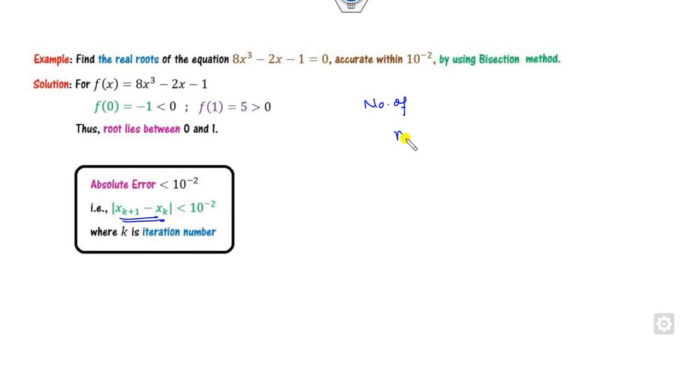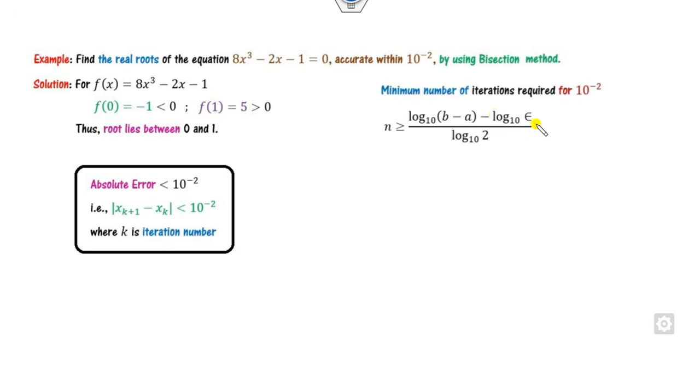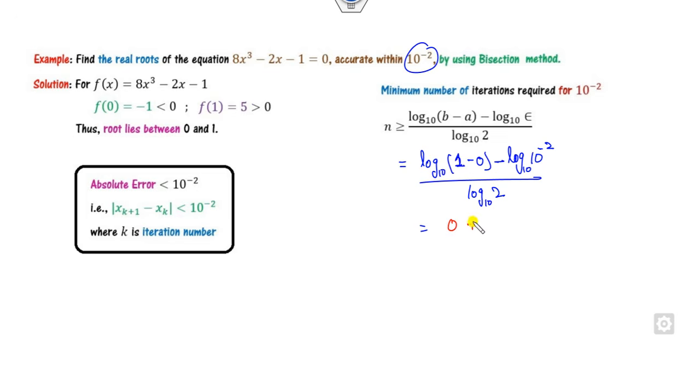You can start with this definition: n is greater than or equal to log of b minus a, minus log of epsilon, divided by log of 2. We substitute the values: b is 1, a is 0, and epsilon is the accuracy, 10 raised to the power minus 2, divided by log 2. Now based on the calculation, log of 1 is 0, so this is plus 2 log of 10 to the base 2, and this value will be about 1.